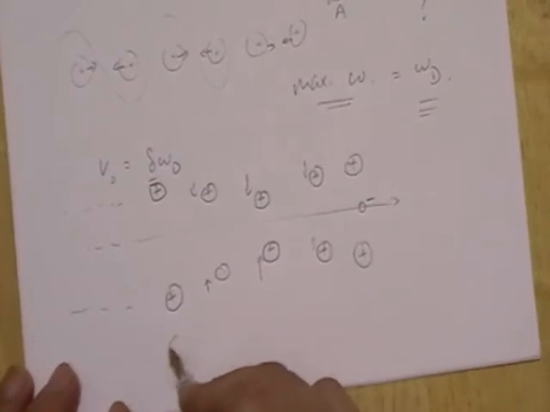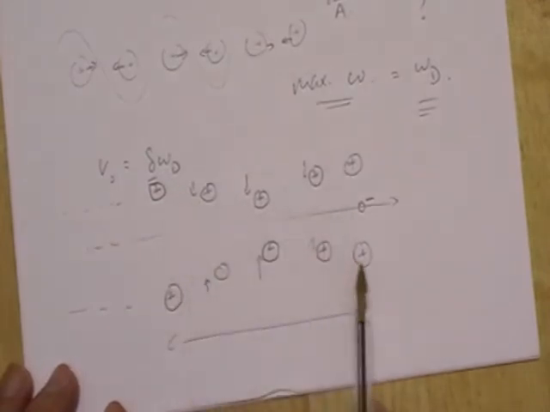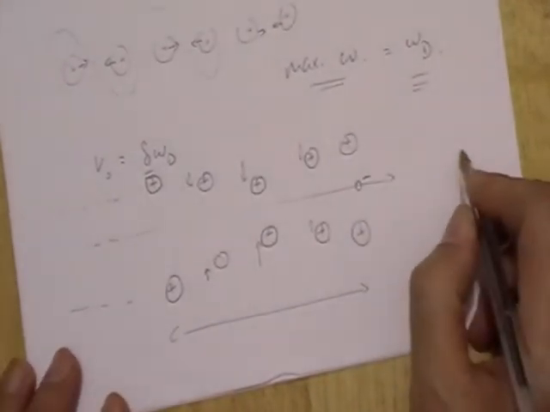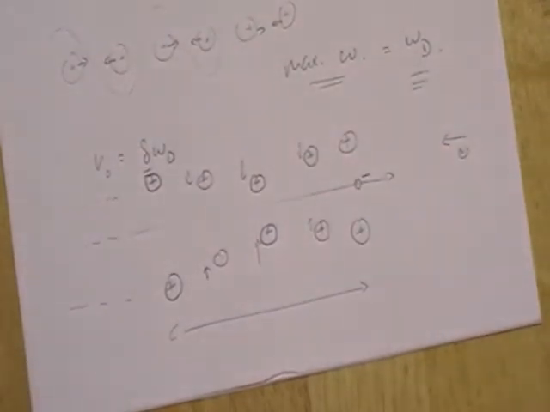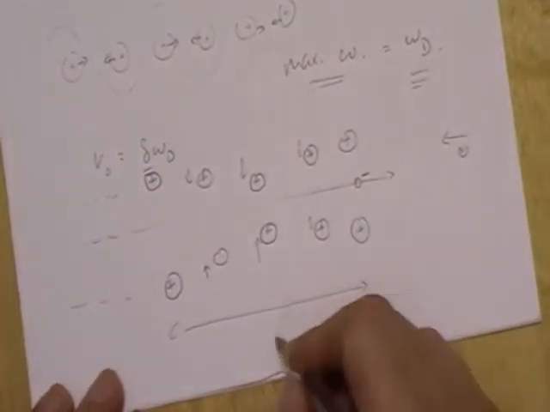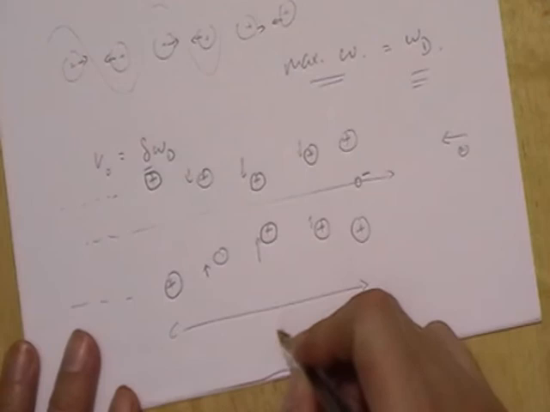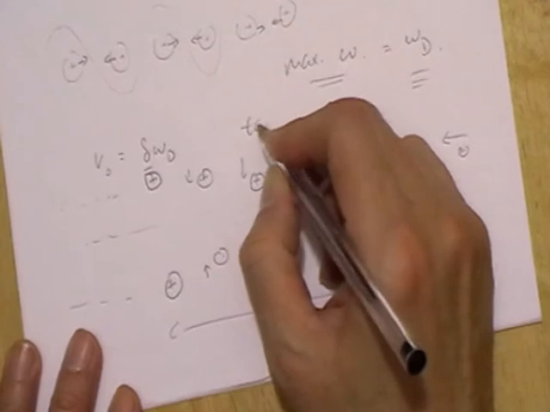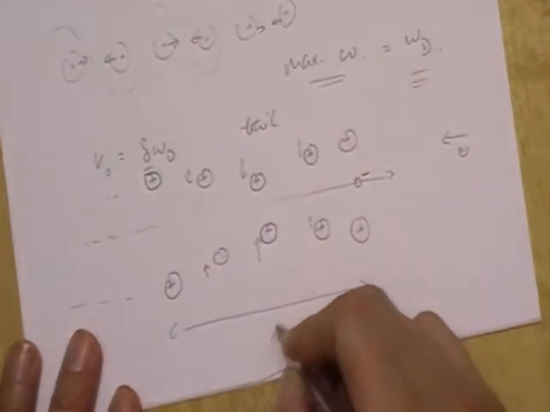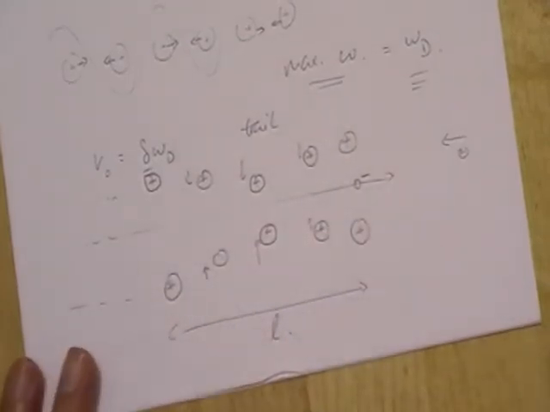So we would be interested in how long this is, because all of these displaced ions would contribute to an attractive potential that might attract another electron coming this way. So we would need to know what the length of this trail of positive ions is in order to fully describe the potential.